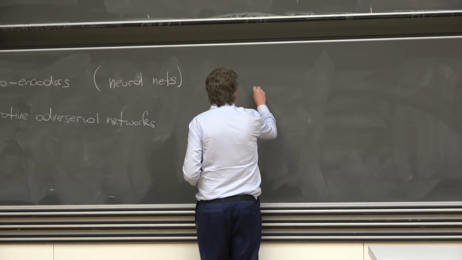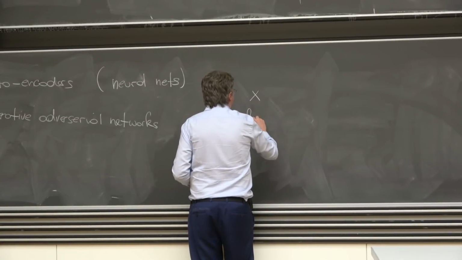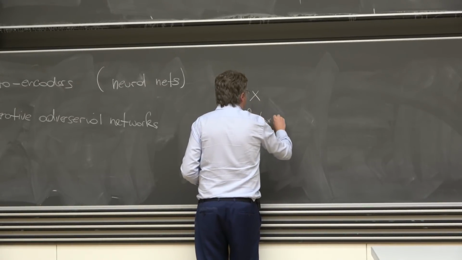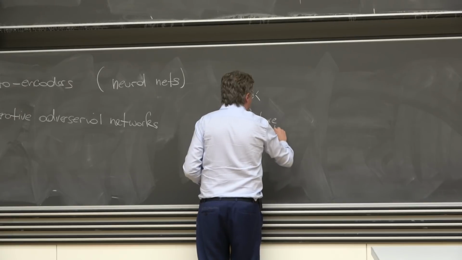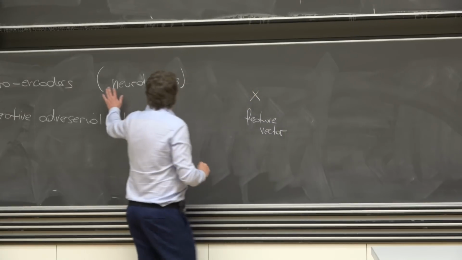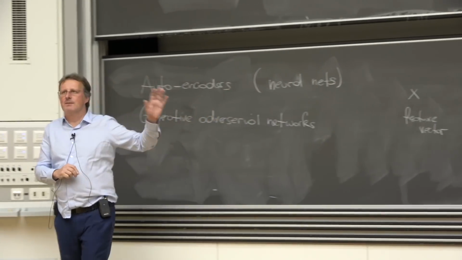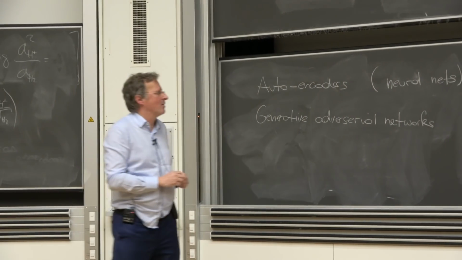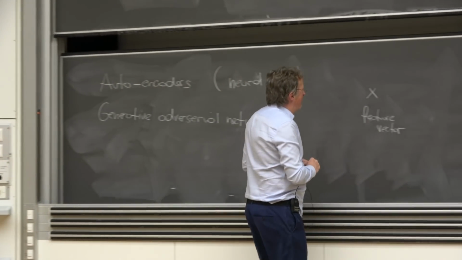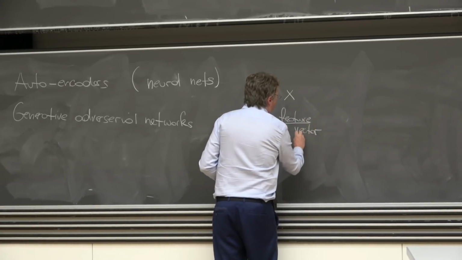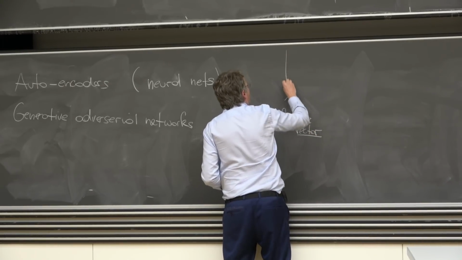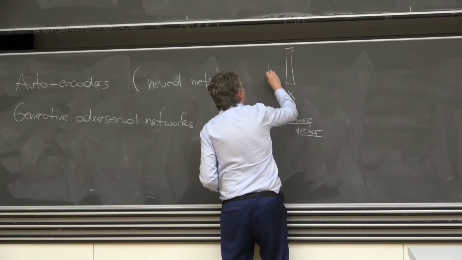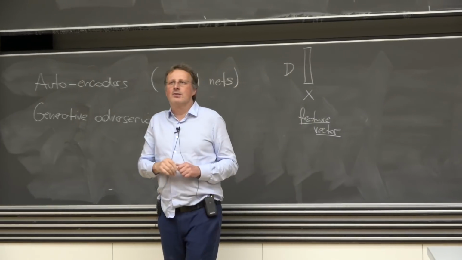So I have a feature vector, let's say x, right? And so this one we can think of both as feature selection, but also as a generative model. So let me first say what it is, and then we can discuss how this fits in. So you have a feature vector, and maybe this feature vector is fairly large. Okay, so this d, the dimension, is fairly large.